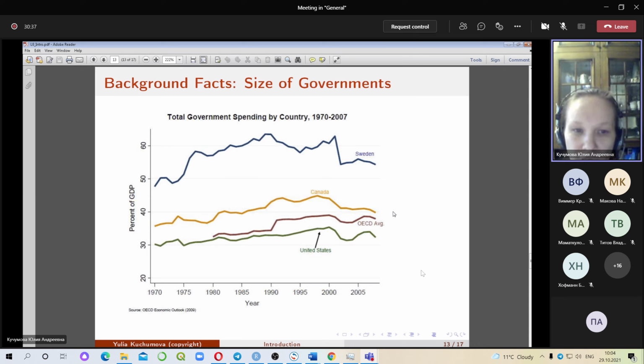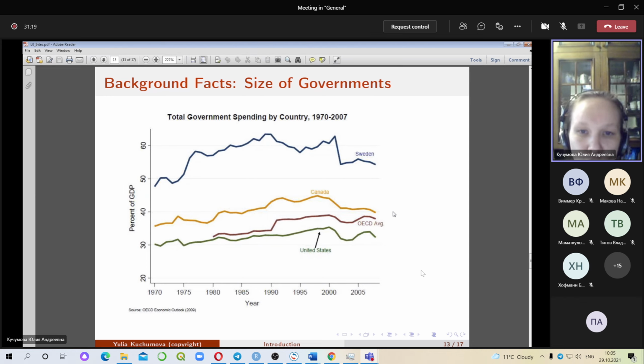How does each country make its choice, right? This is an illustration that reflects the size of the government. The figure measures total government spending as a percent of GDP in Sweden, Canada, the United States, and the OECD average.